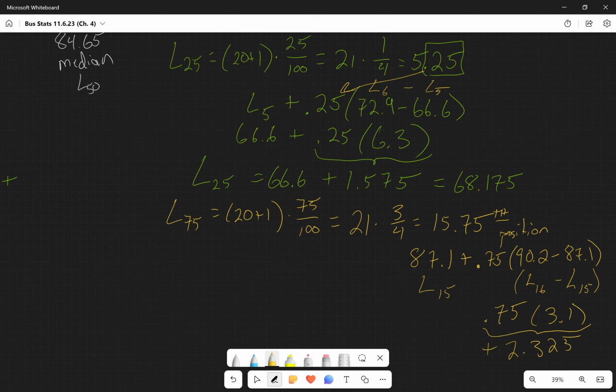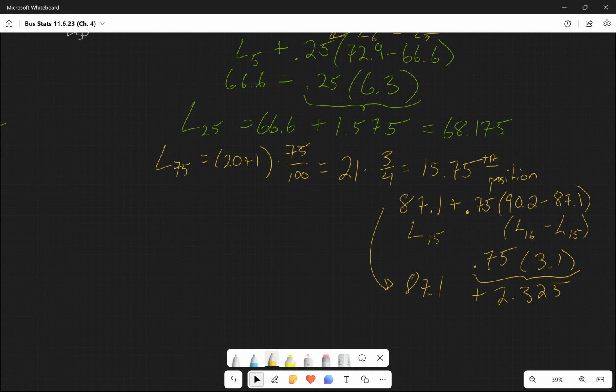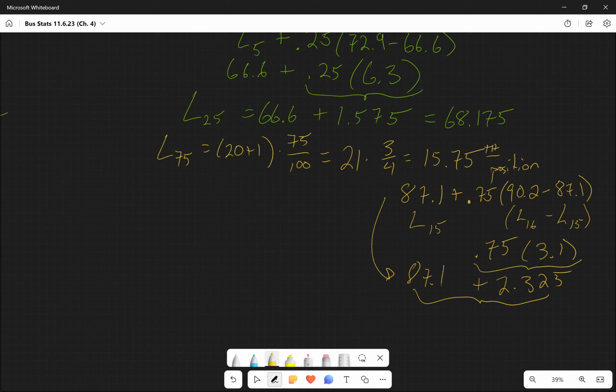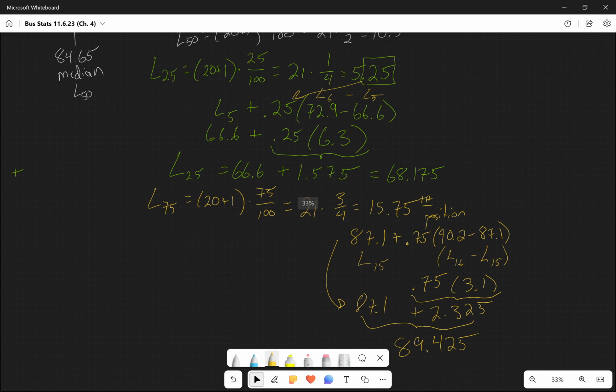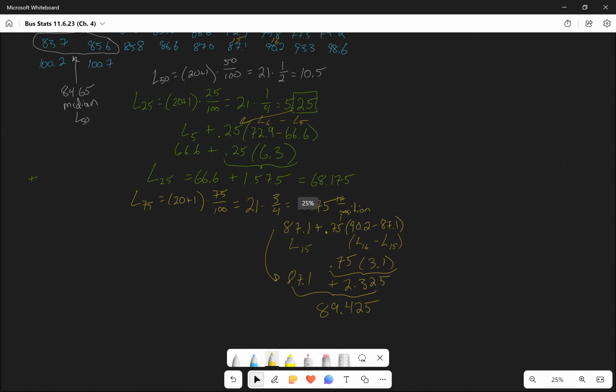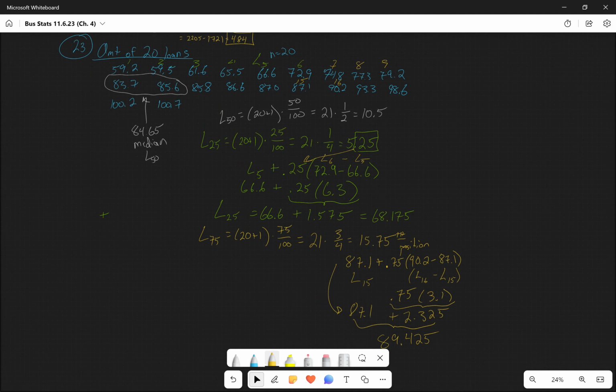And then we're going to add that to this 87.1. And we're going to get an upper quartile of 89.425. Questions on getting the interquartile range for this particular example?